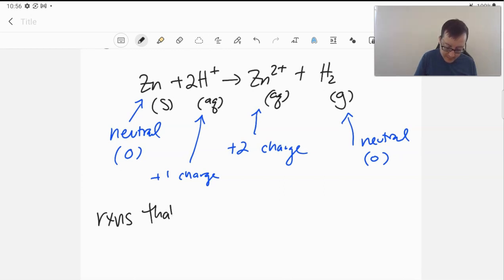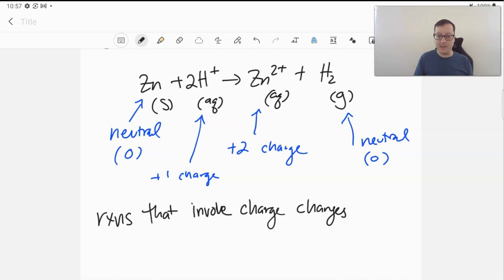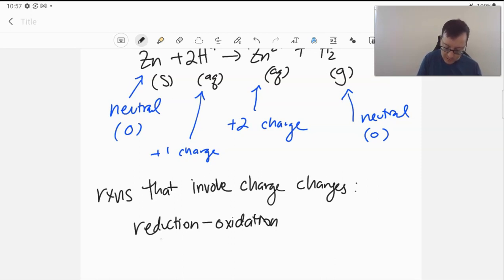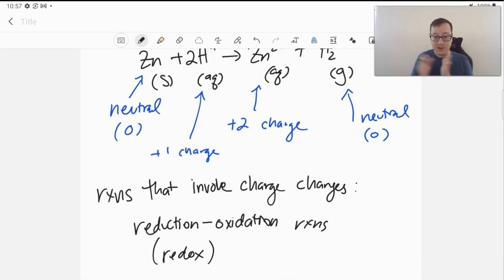Reactions that involve charge changes, and more broadly, we'll talk about them in the context of molecular compounds too. We call these reduction oxidation reactions, or redox reactions. So reduction, oxidation, redox reactions.